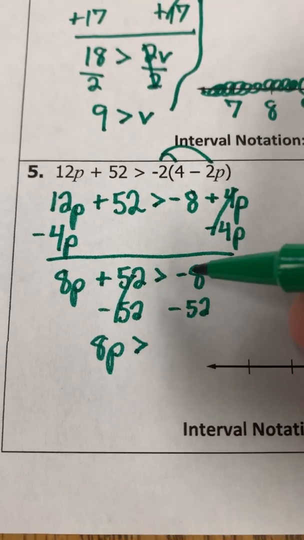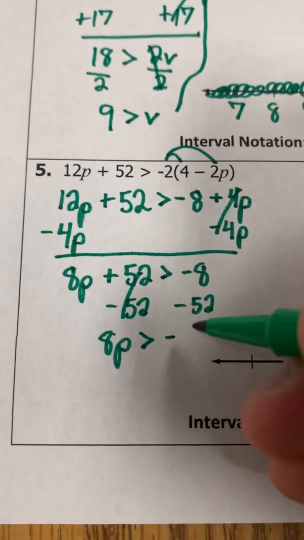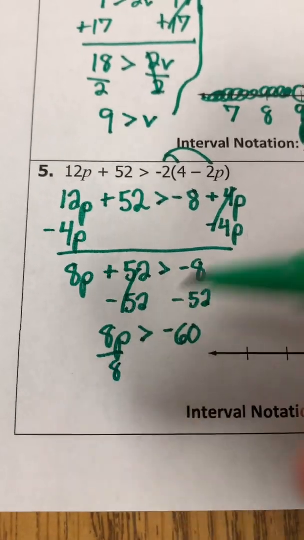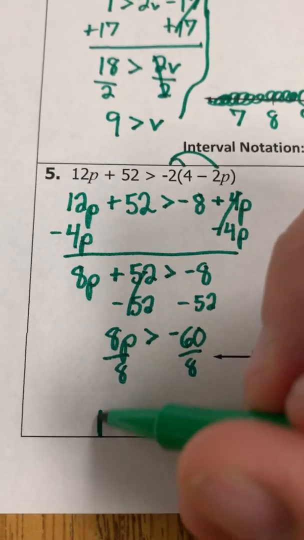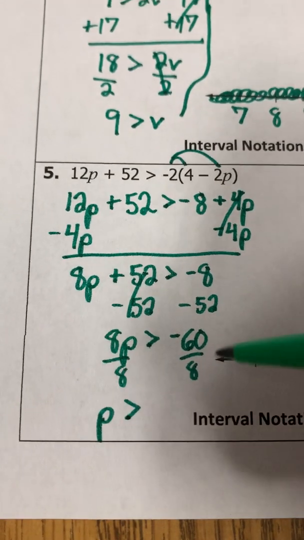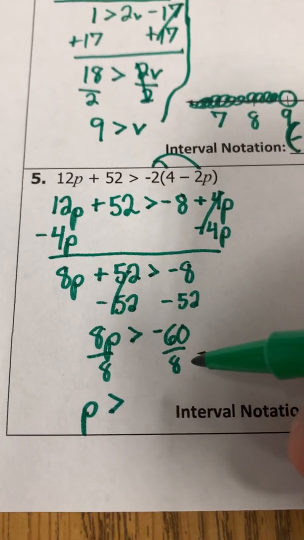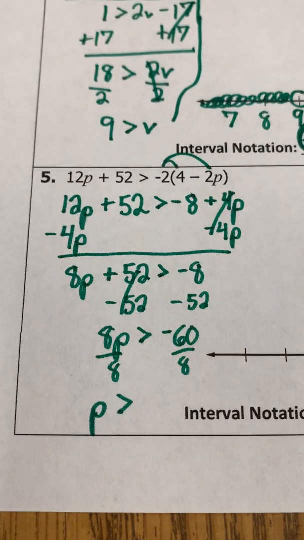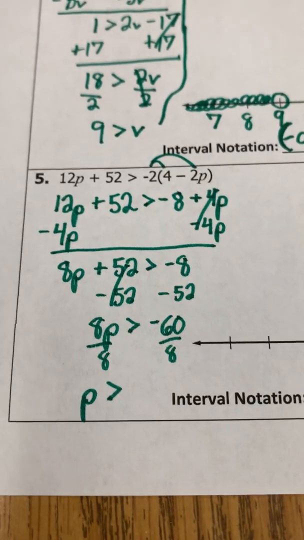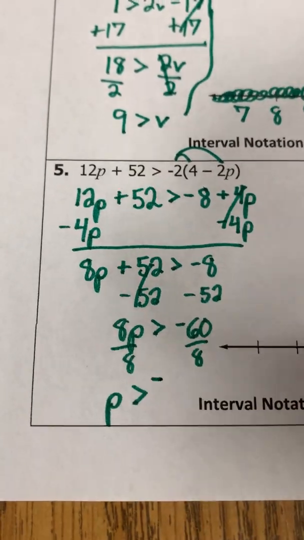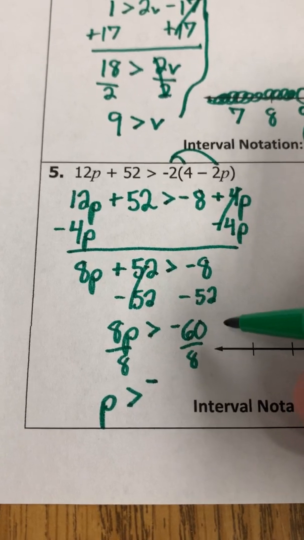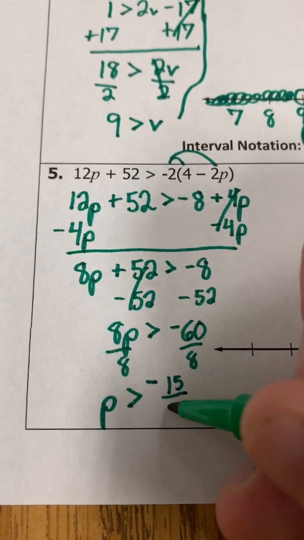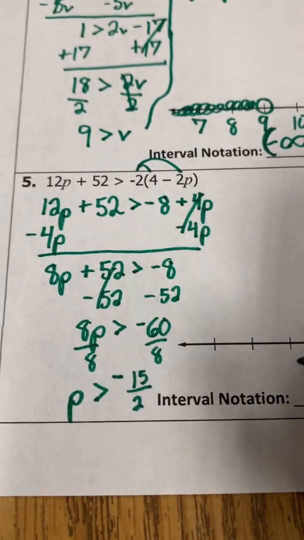Negative 8 minus 52, same sign, add and keep, that would be negative 60. Okay, now at this point, you probably know that 8 does not evenly go into 60. Okay, it's not divisible, but it can reduce. Okay, this is a fraction. Divide them by 2, you would get 30 over 4. You can divide it by 2 again to get 15 over 2. So negative 15 halves. That's going to go in the middle.